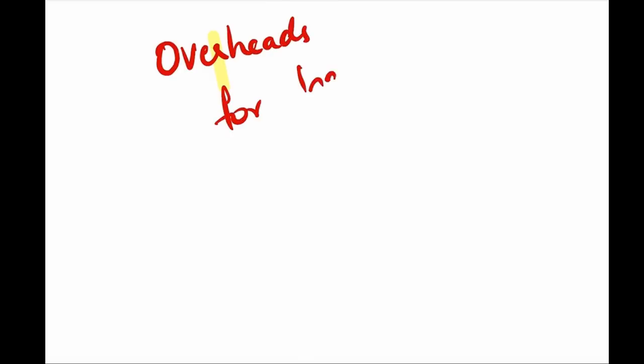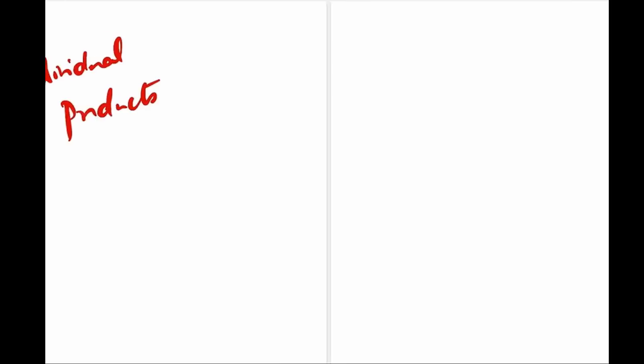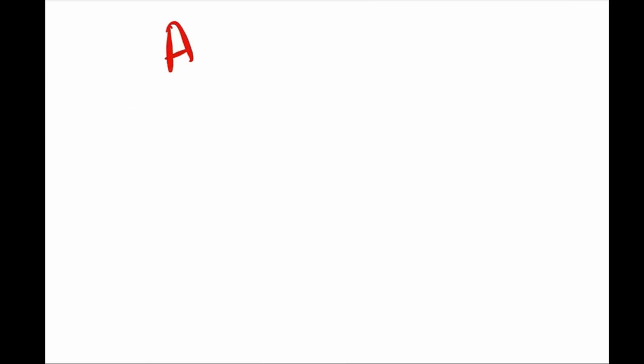The next topic we would be doing is how are we going to find out overheads for individual products. We will be doing first what is known as absorption costing.